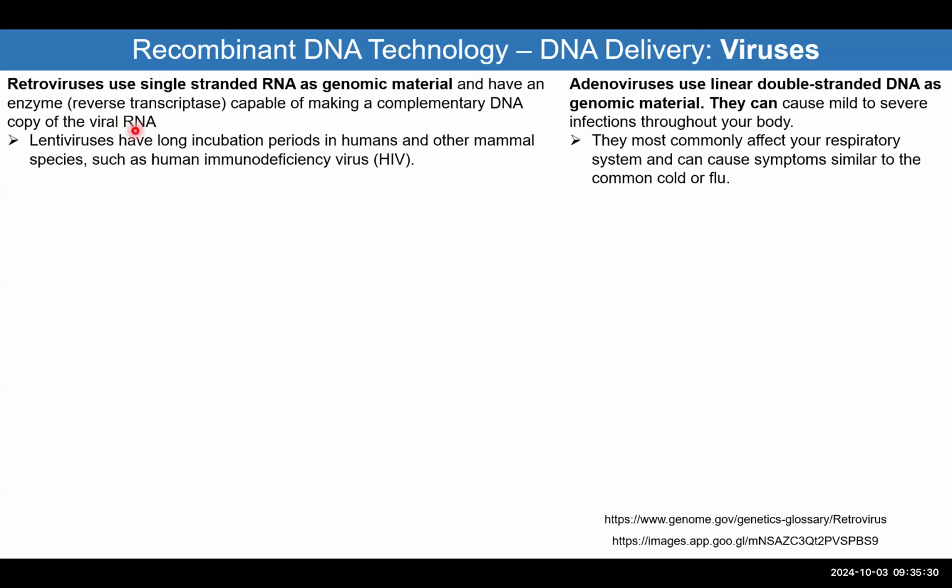So they need a reverse transcriptase enzyme that is capable of generating the complementary DNA from the viral RNA genome. An example of those is lentiviruses, and the most widely known is HIV, the human immunodeficiency virus.